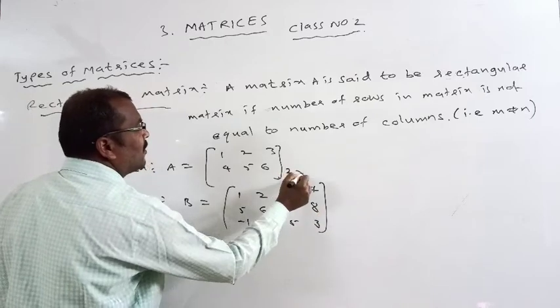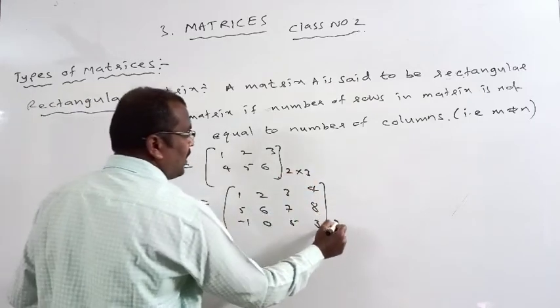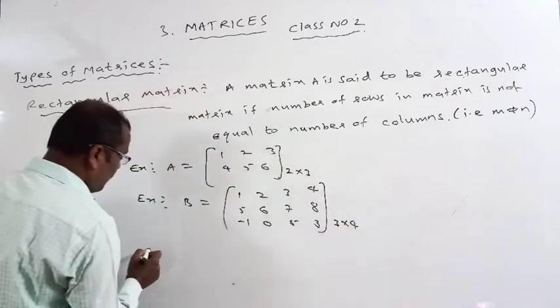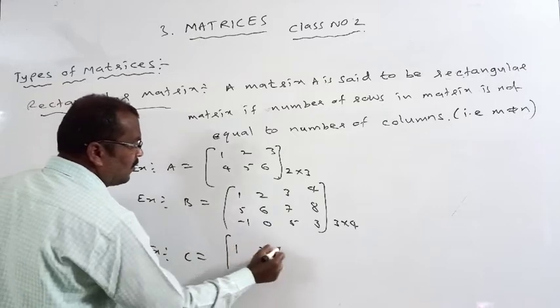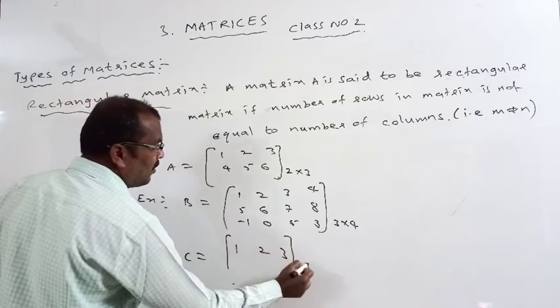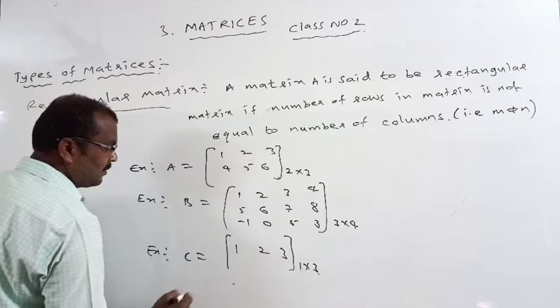Here the order is 2 by 4. Here the order is 3 by 4. We will give one more example: C is equal to 1, 2, 3. Here the order is 1 row, 3 columns.